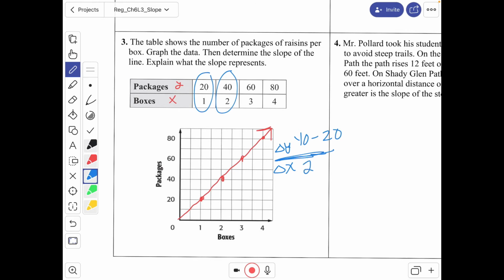And the x that went with 40 is 2. And the x that went with 20 is 1. 40 minus 20 is 20. 2 minus 1 is 1. So the slope is 20, or 20 packages per box.